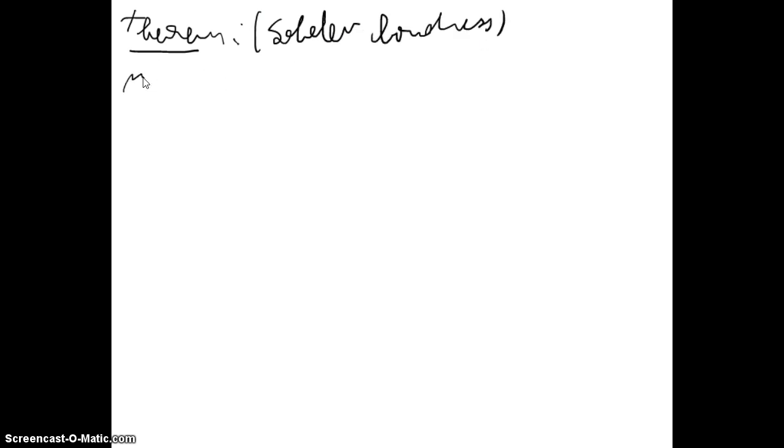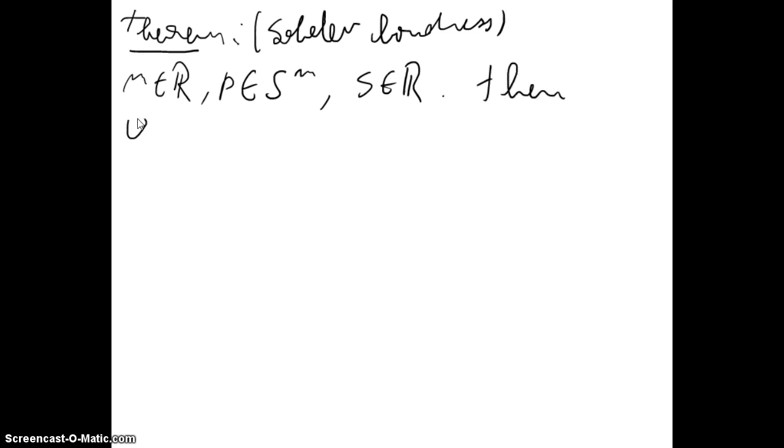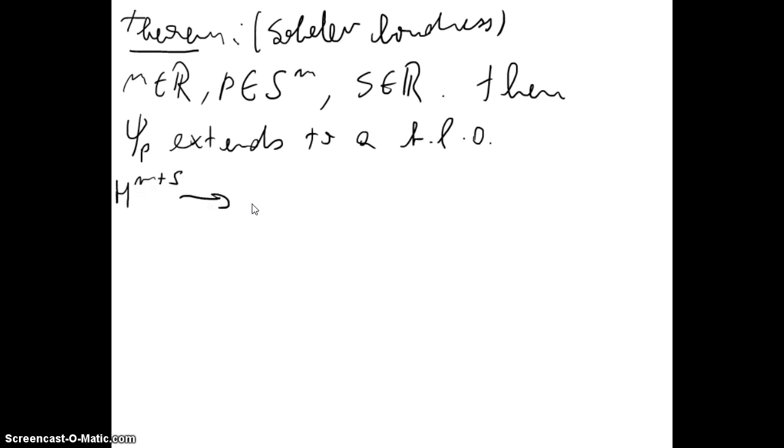Okay, so m is in R, p is a symbol in S^m, and s is in R. Then the pseudo-differential operator Ψ_p extends to a bounded linear operator that goes from H^{m+s} to H^s, always in R^n.